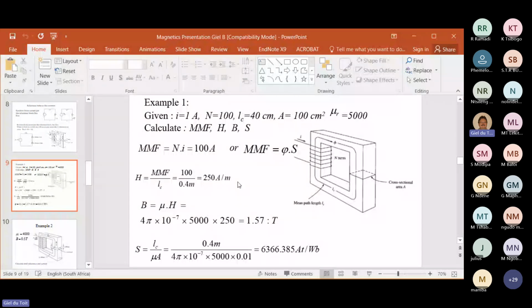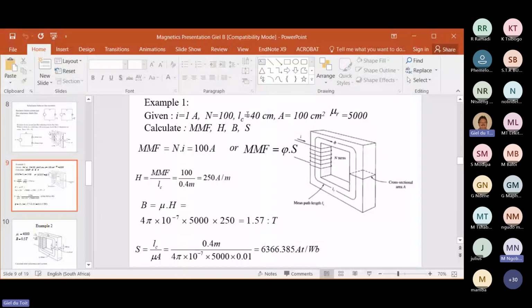Can someone try again? That person that answered me, just answer again. What is it here? H is MMF over the length. And I told you the length is 40 centimeters. Do you see 40 centimeters? Yes, divide by 100.